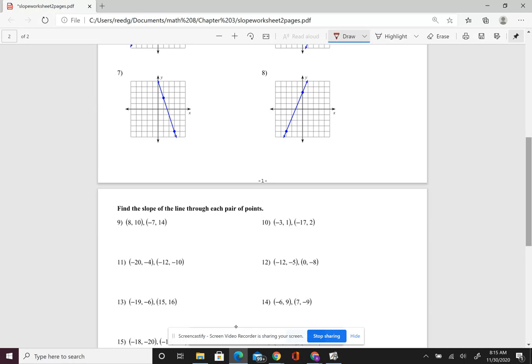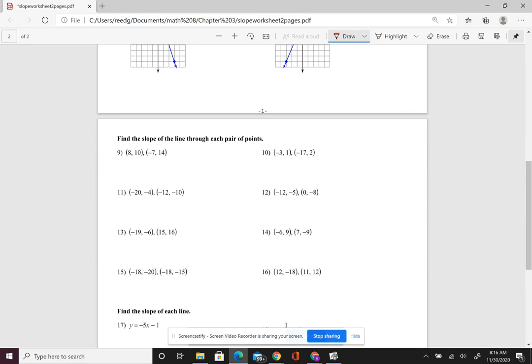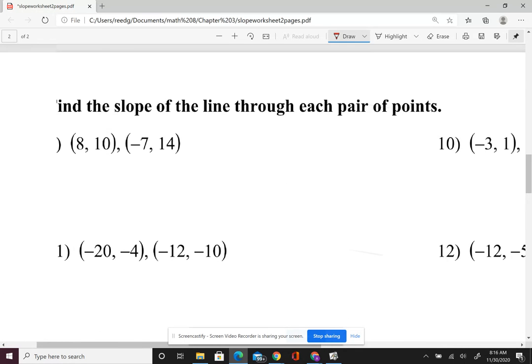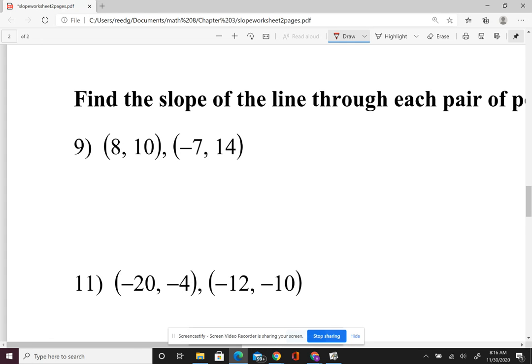Now the next way that you can get your slopes, and Josh, I think this is where you were going with yours, when you found the coordinates. Do you want to do number 9? Here are the 2 coordinates. How do we find the slope when we're given these 2 coordinates? To be honest, I really don't know. Okay.